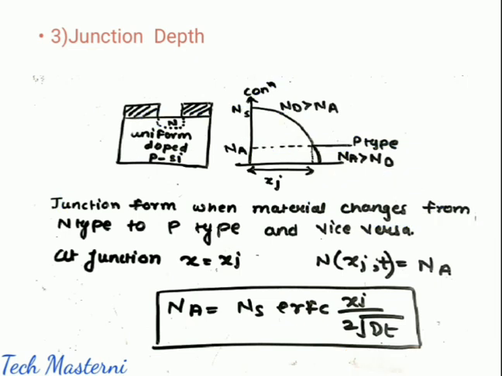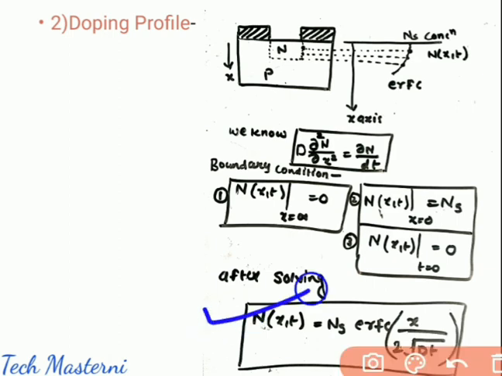So you have understood this point, that at the junction depth my concentration of dopant will be equal to the concentration of acceptor. By using this point, I can evaluate my junction depth. So let us see here. In the previous part we have seen this particular formula. This is the formula of Nd, or you can say the formula of the concentration of dopant.